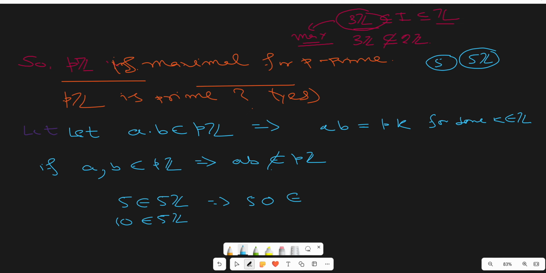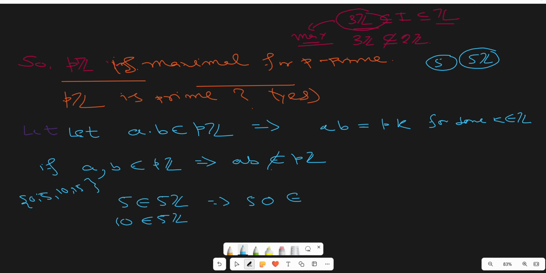But this is violating the fact here. 5 inside 5Z, 5Z means 0, 5, 10, 15, plus minus.